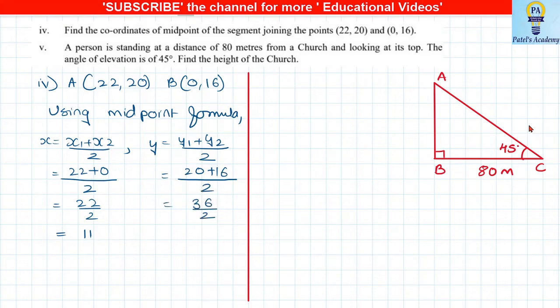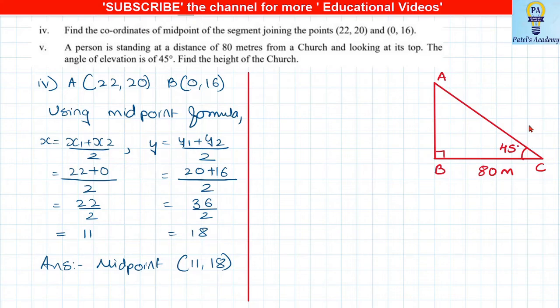That is 36 upon 2, that is 18. So the final answer is the coordinates of the midpoint is 11, 18. We are using the midpoint formula directly.